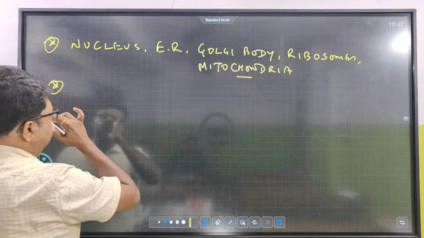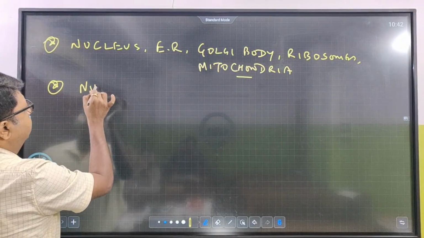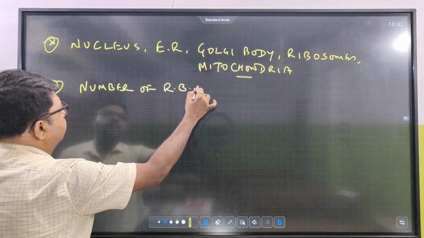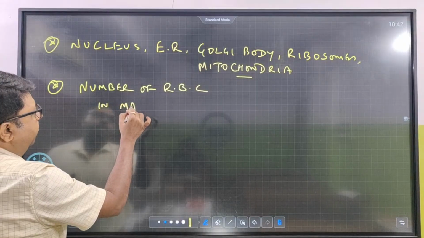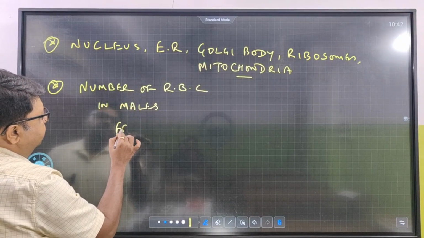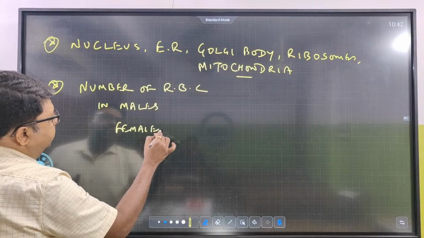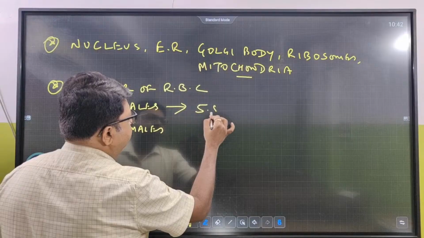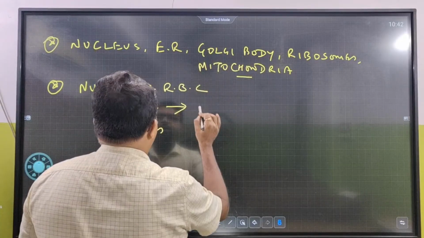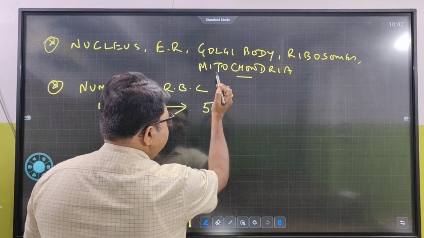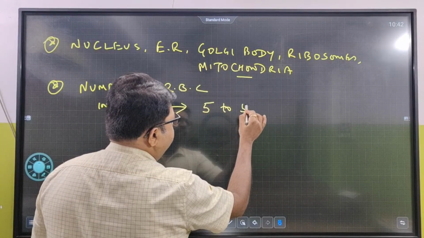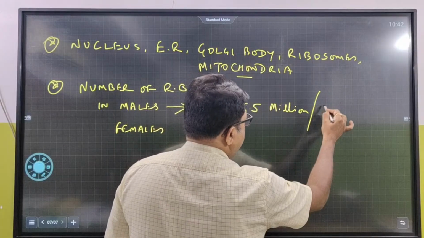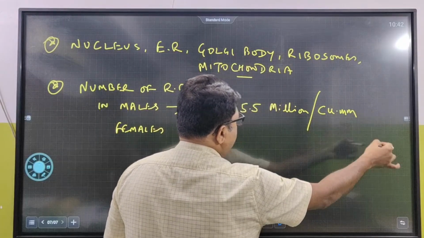Now, when we talk about the number of RBC in males, why are we talking about males? That means in females they are different. In females their number varies. In males the number of RBC is 5 to 5.5 million per cubic millimeter of blood.